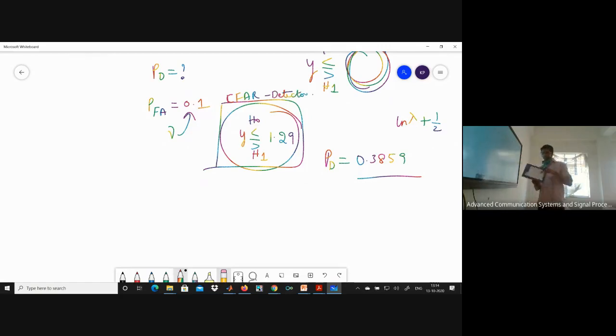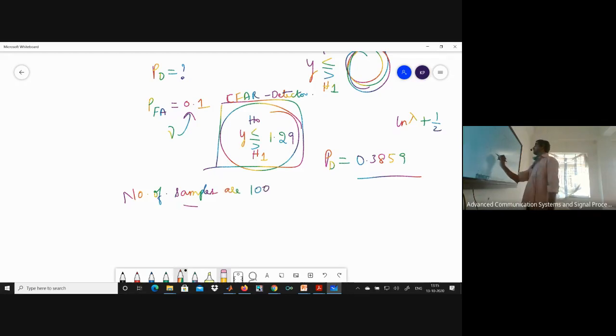Okay, now let me continue with the problem. Suppose that we have the same condition as in this example, except that we have access to 100 samples. Now the number of samples is 100. If the number of samples is 100, what will be the detector?